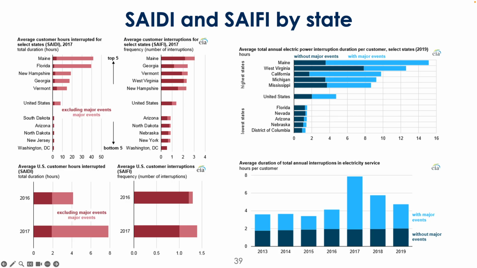That difference is entirely due to certain major events, like a big earthquake or a hurricane knocking out power for several weeks, which would really push up that metric. In terms of number of interruptions, on average it was between 1 and 1.5, and that didn't really change between 2016 and 2017.